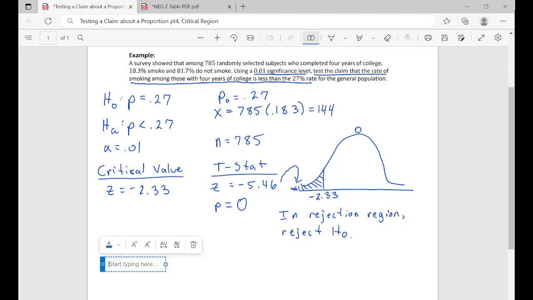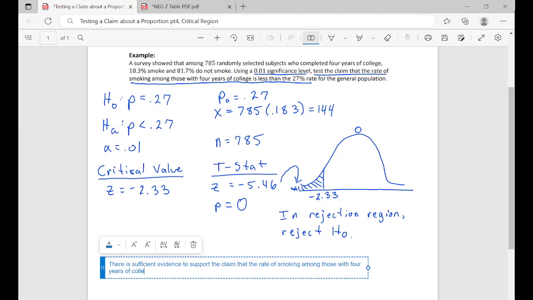Since we are rejecting it, we have enough information, so we can say that there is sufficient evidence to support the claim that the rate of smoking among those with 4 years of college is less than 27% rate for the general population. So our claim is saying that the rate of smoking is less than 27% for the general population. Since we reject the null hypothesis, we are saying that there is enough evidence to support that claim.